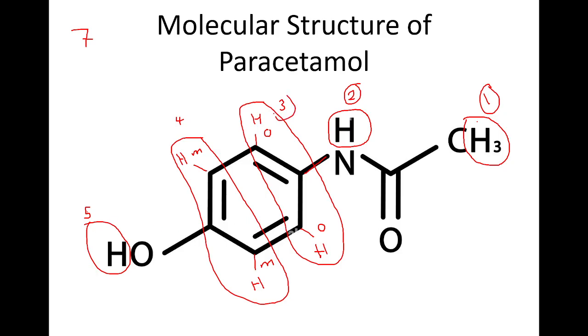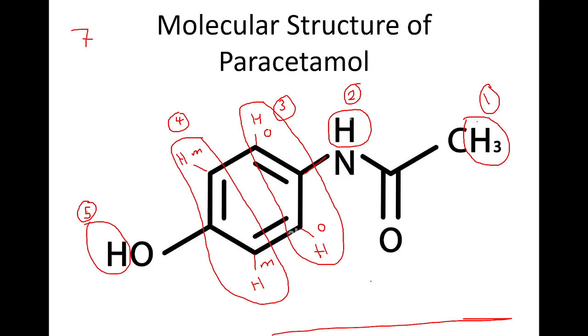We call it proton environment, hydrogen environment, number of NMR hydrogens, whatever you want to call it. What I'm asking is how many hydrogens there are in paracetamol that can create individual NMR signals. So I say 5.